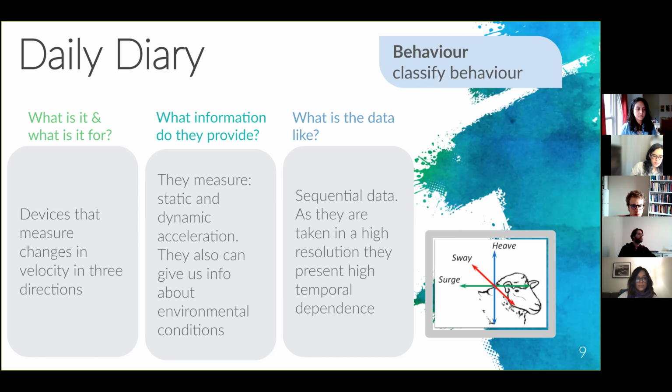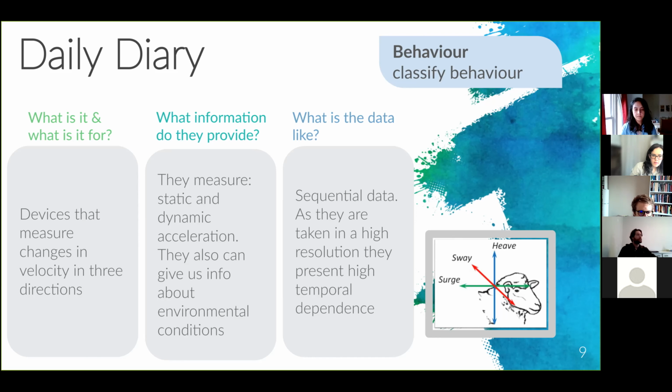So, as I told you, the acceleration is the change in the velocity. In these devices it is measured in 3 different directions: in surge, heave, and sway directions. So these allow us to classify the acceleration into different behaviors. Then I'm going to talk about how we do that.